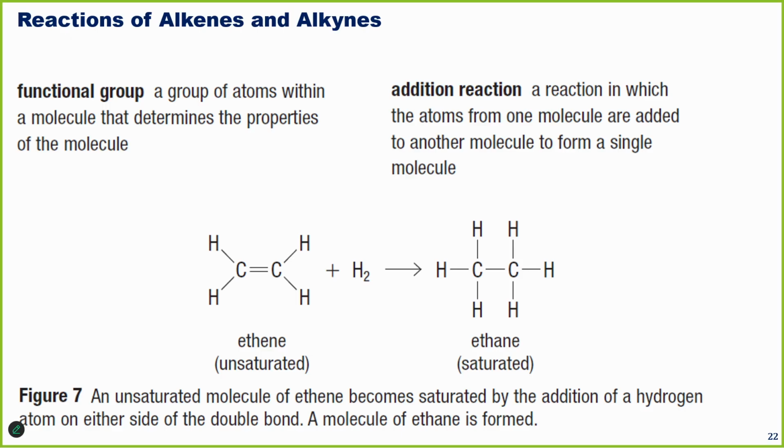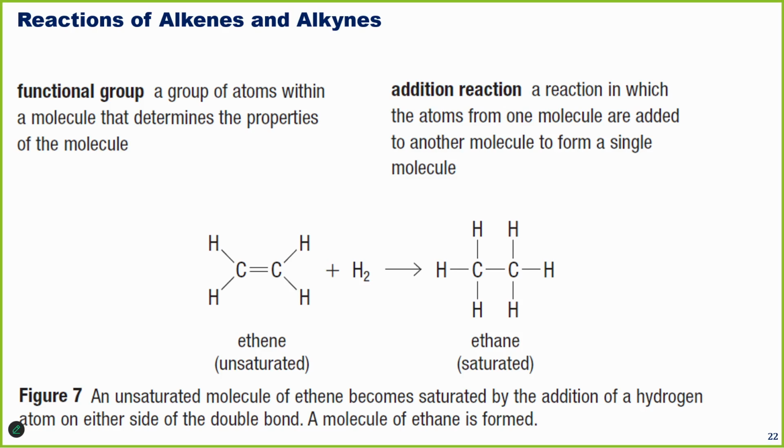Alright, next one. We're going to have a look at reactions of alkenes and alkynes. Okay, first of all, the concept of a functional group. A functional group is a specific group of atoms within a molecule that affects the properties of the compound, such as solubility, melting point, boiling point, and chemical reactivity with other elements or compounds.